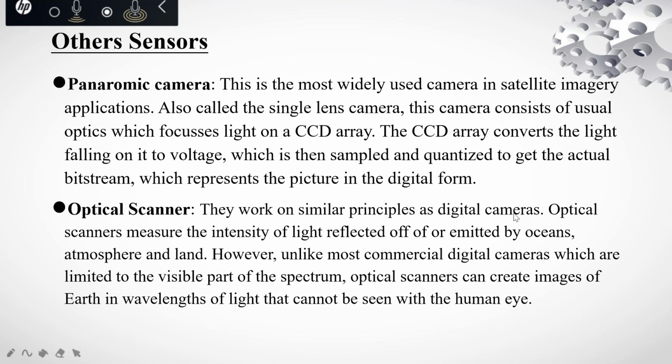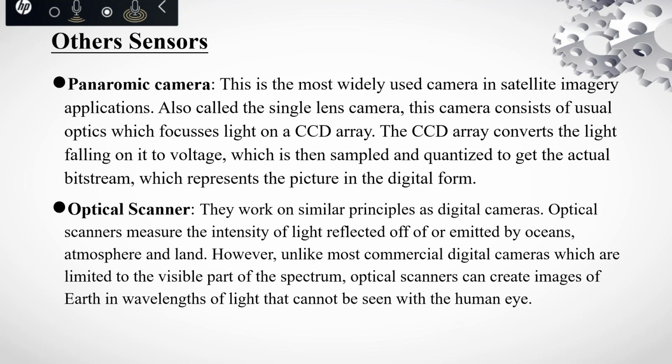They work on similar principles as digital cameras, as I said. Optical scanners measure the intensity of light the same as cameras do. They also measure the intensity of light reflected off or emitted by oceans, atmosphere, and land. However, unlike most commercial digital cameras, which are limited to the visible part of the spectrum, optical scanners can create images of Earth in wavelengths of light that cannot be seen with the human eye.